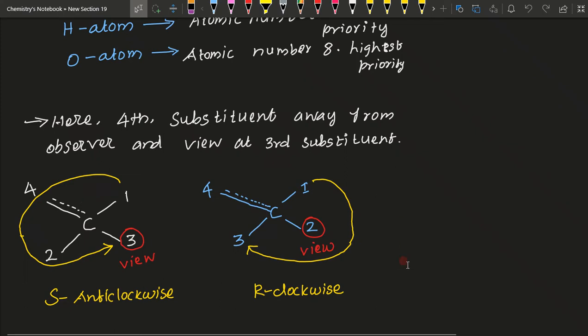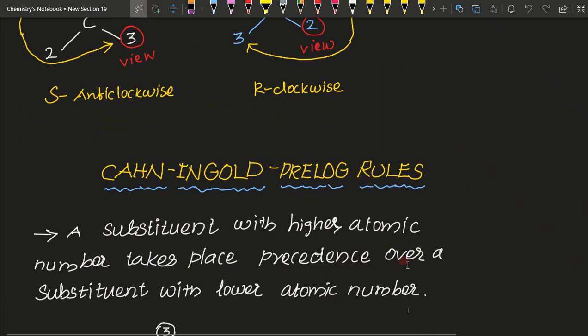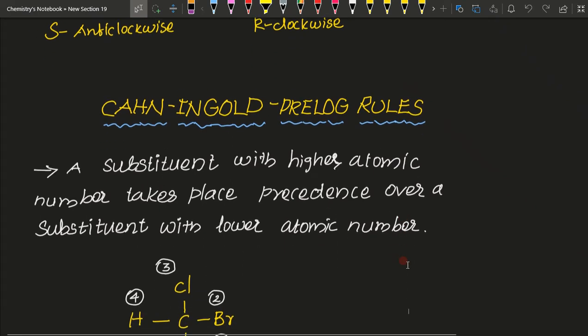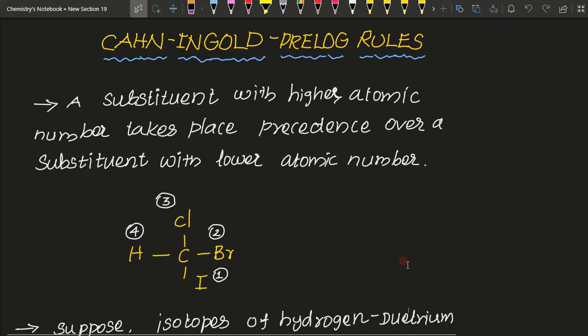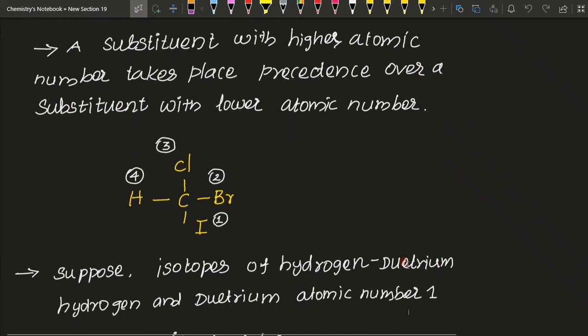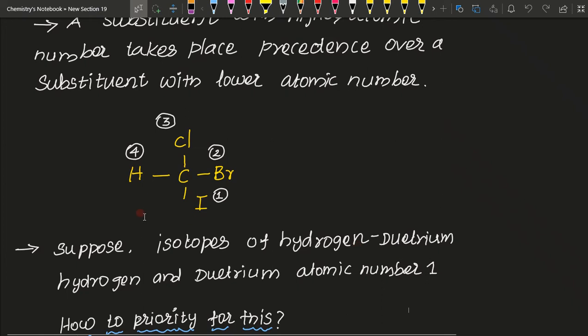Next, the Cahn-Ingold-Prelog rules. See the rules. First, a substituent with a higher atomic number takes precedence over a substituent with a lower atomic number. See here, hydrogen is the least atomic number, then bromine, then chlorine, then iodine.